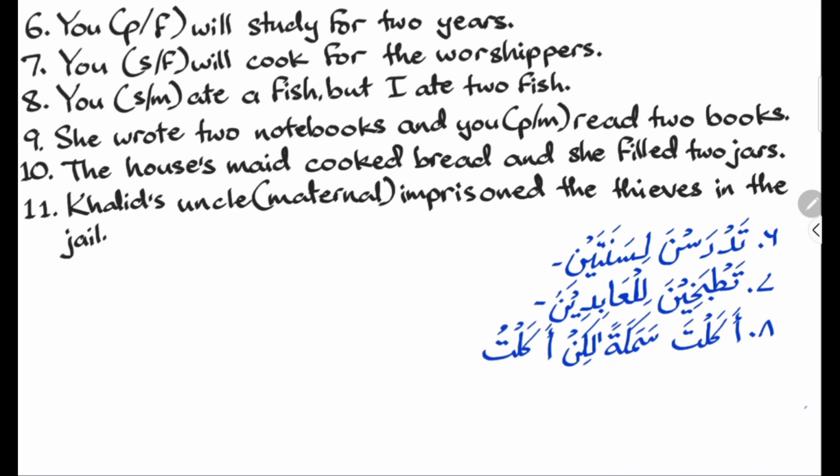Lakin akaltu 2 fish. Now, 2 fish could either be samakatani or samakataini. Since over here it's a maf'ul, meaning the 2 fish are the things receiving the action of eating, they're in halatun nasab. They're supposed to be getting a fatha. So it won't be samakatani. In fact, it will be samakataini. Lakin akaltu samakataini.